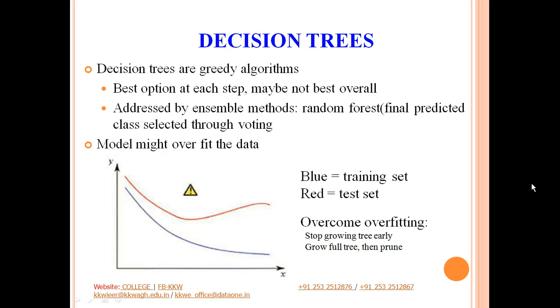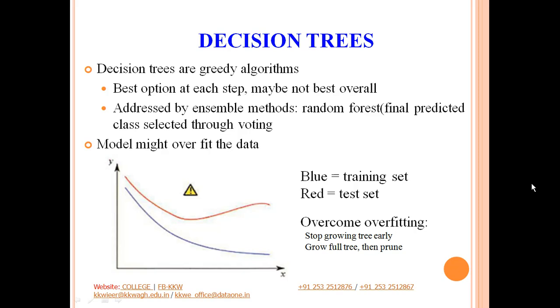In the diagram visible on the screen, we are showing the concept of overfitting. The blue line represents the training data set. Let us say you have constructed your decision tree using the training data set, so you get the blue line, and the red line represents your test set. You can see there is a variation between the red and the blue one, so that shows that you have overfitting.